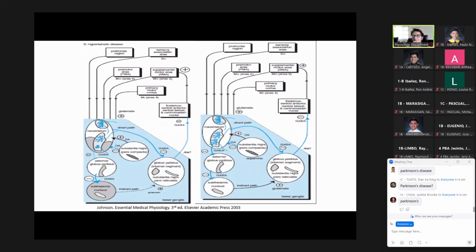What hyperkinetic disease do we know? Dun sa assigned reading natin, anong meron? Chat box. Parang ako na yung makakatulog. Chat box. A hyperkinetic disease.